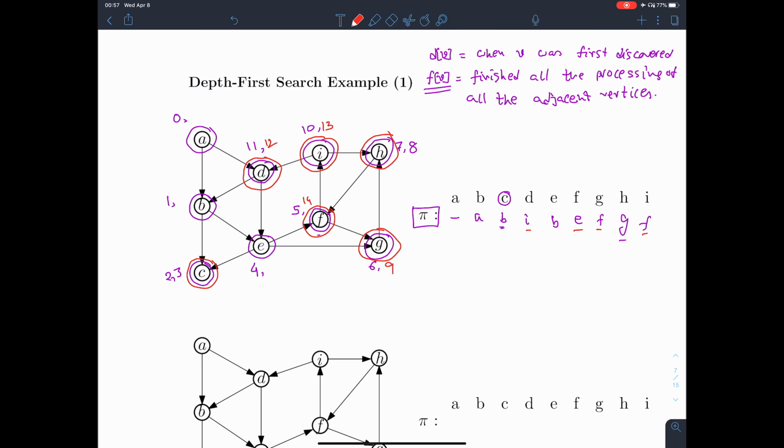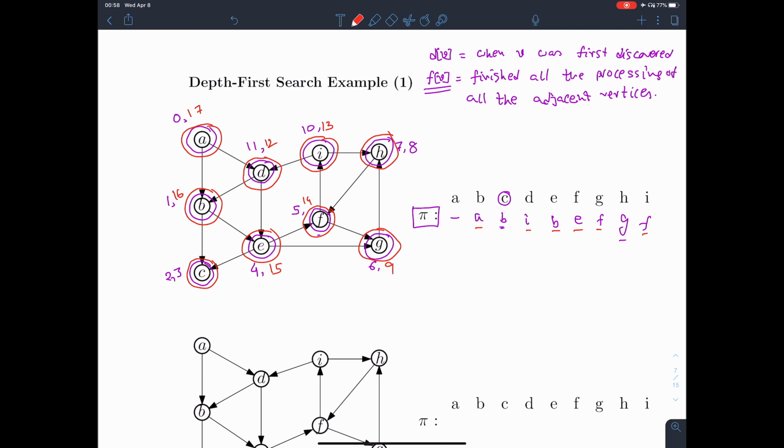Then we go back to the parent of F and similarly finish processing E at 15. What is the parent of E? That is B. We finish processing with the vertex B at time 16, and finally the parent of B is A, and we finish processing with time 17.